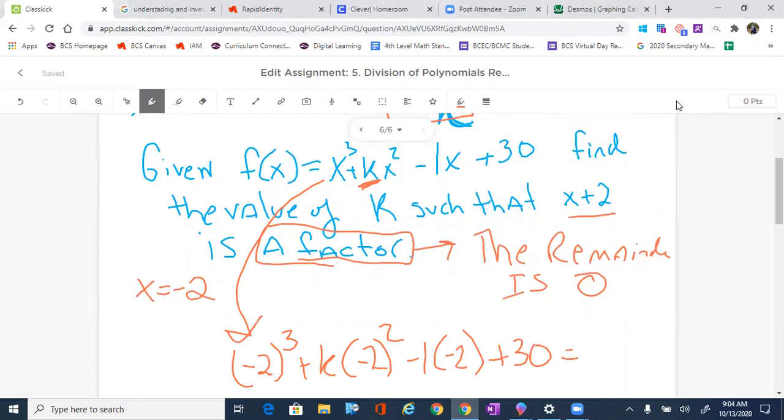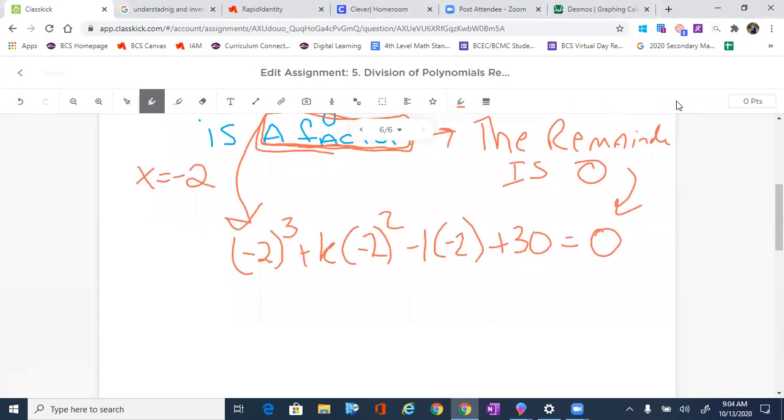And because it is a factor, I'm going to set the remainder to 0. At this point, it's just solving algebraically. I know -2 cubed is -8, plus -2 squared is 4k, and then -1 times -2 is going to be +2, plus 30 equals 0.